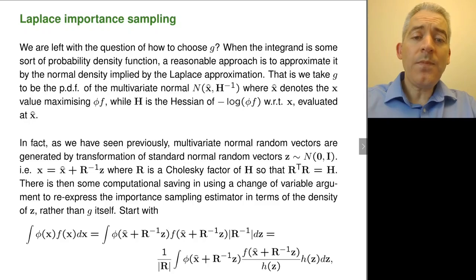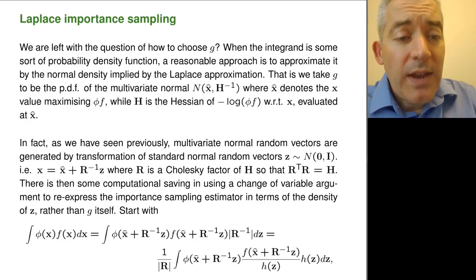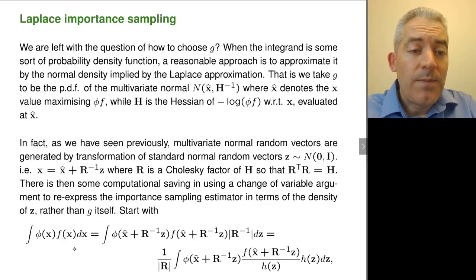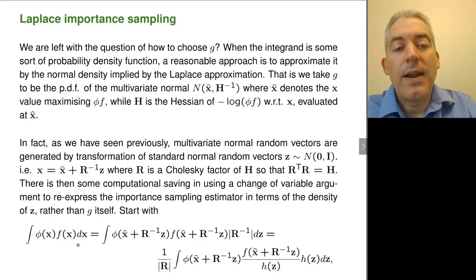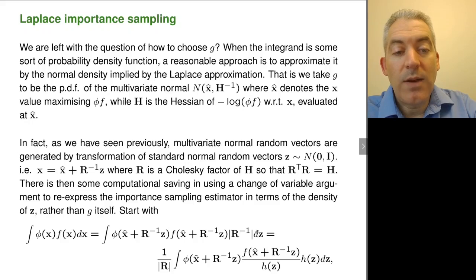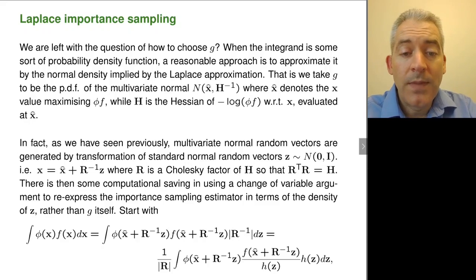So when we do that, we now take our integral that we're interested in, the integral of the product of phi and f. We switch variables to z. Okay, so we now turn this into an integral with respect to z, remembering our Jacobian term here, which is the determinant of the transformation.